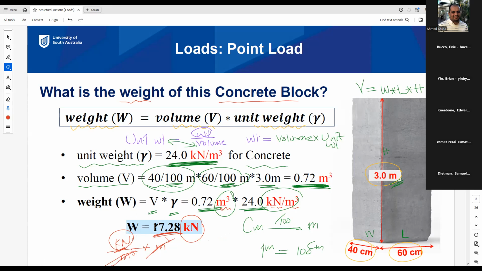So the value is 17.28 and the unit is kilonewton. Okay. Do you have any question, guys, about that? Any question?